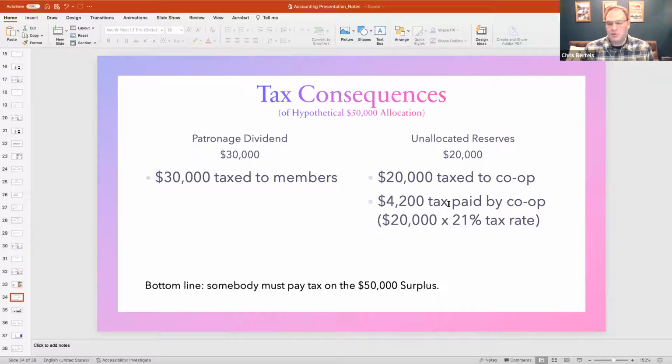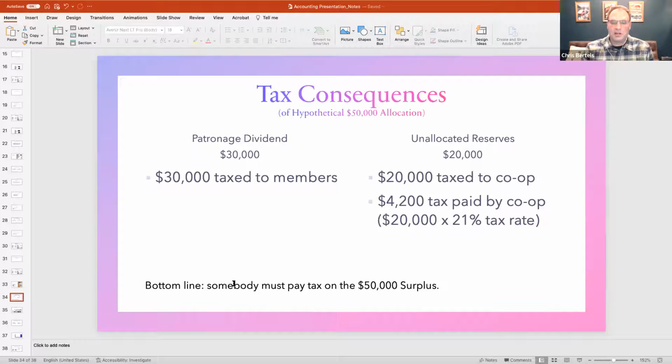So that's probably another thing that you would potentially consider as far as allocating it, because if you allocate all $50,000 to the unallocated reserves, the co-op's going to pay tax on $50,000, and the members are going to pay zero because the patronage dividend would be zero.